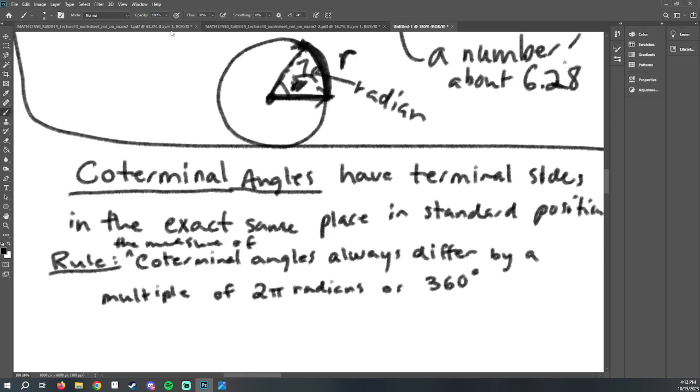If they're both written in degrees, then you would be able to show that they are some multiple of 360 degrees apart from each other. If they're both written in radians, they're some multiple of 2 pi radians apart from each other.